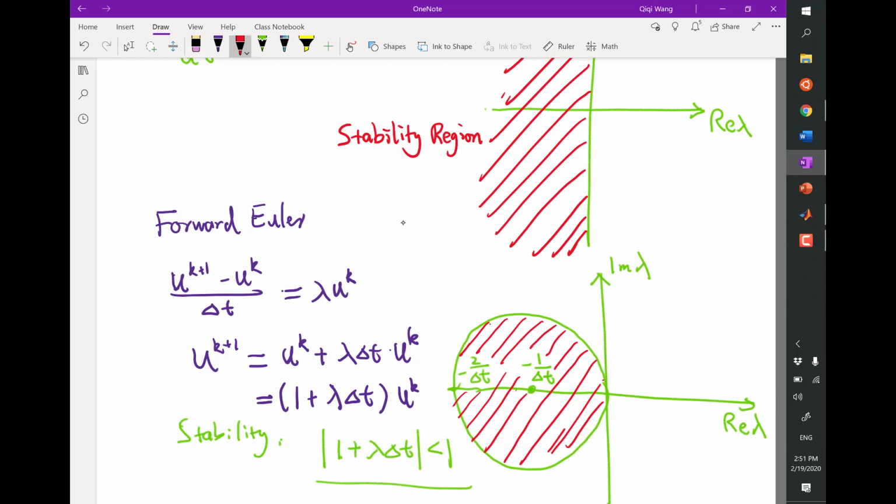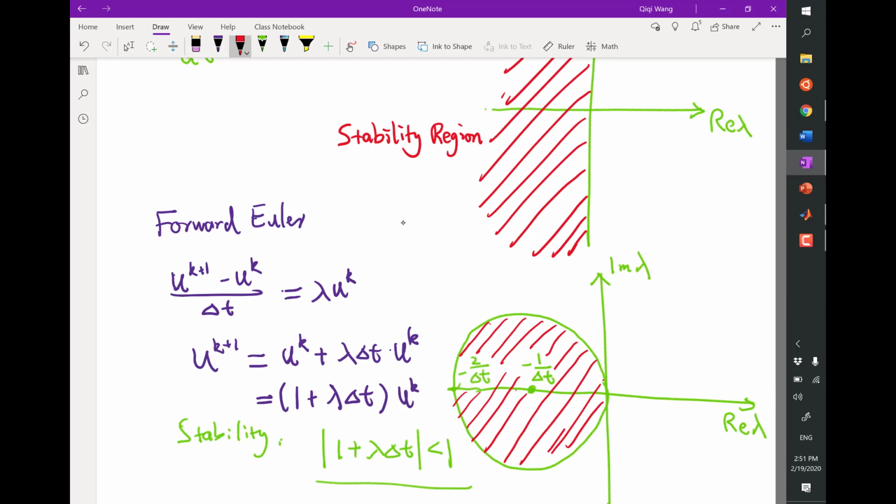Actually, if I have a very negative lambda, a lambda that is more negative than -2 over delta t, the real differential equation would be stable and my forward Euler would not be stable. That's actually a huge problem.